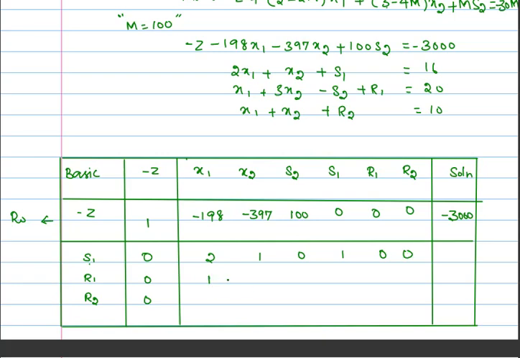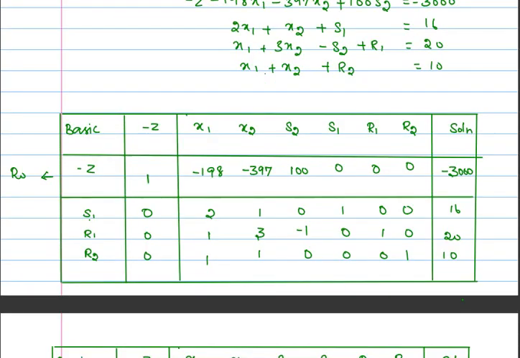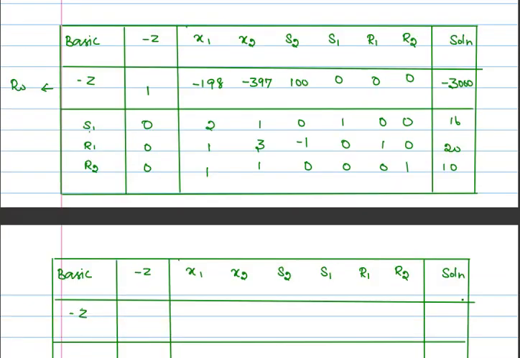Here you will get 1 3 minus 1 0 1 0 with right hand side 20. The third equation is 1 1 0 0 0 1, with right hand side 10. This is the initial table for the simplex method. Okay, now I want to proceed.